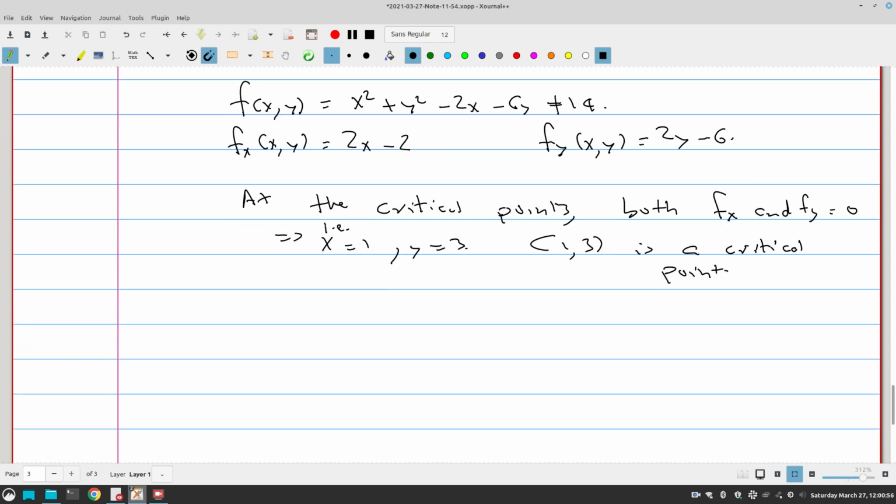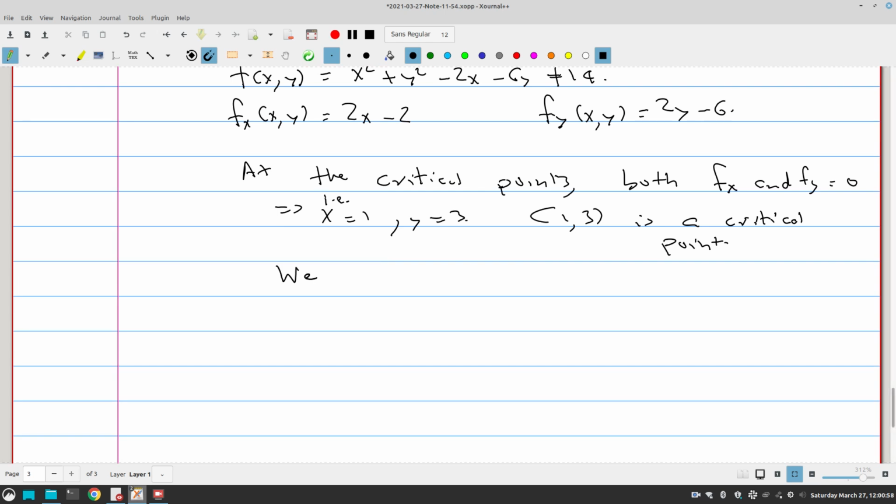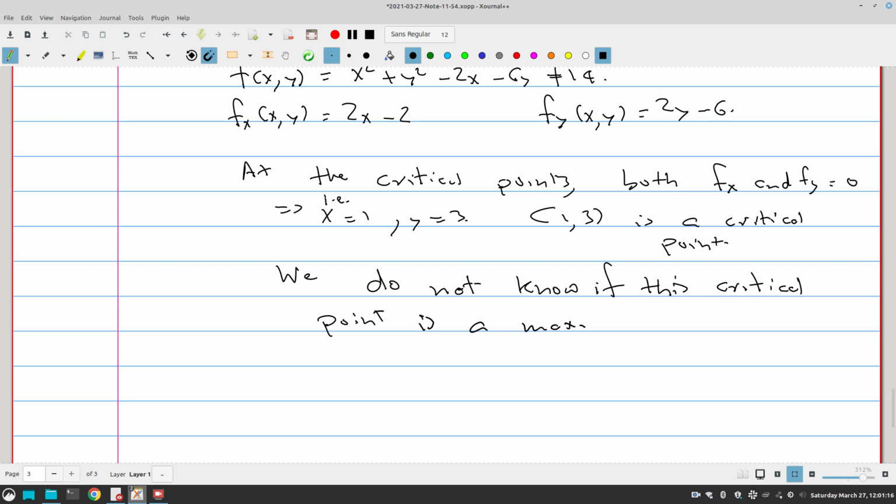We do not know if this critical point is a maximum, a minimum, or a saddle point. It could be any of these three, right?